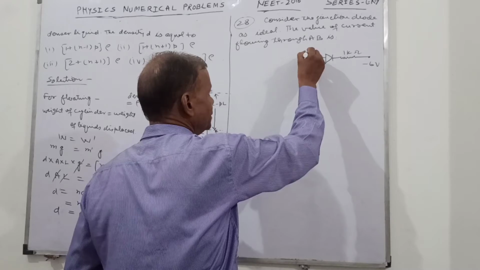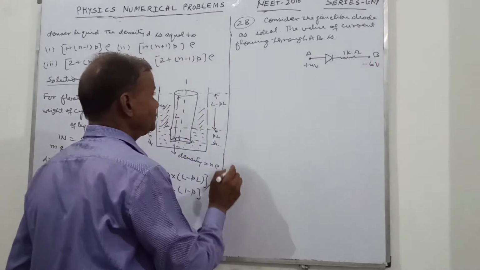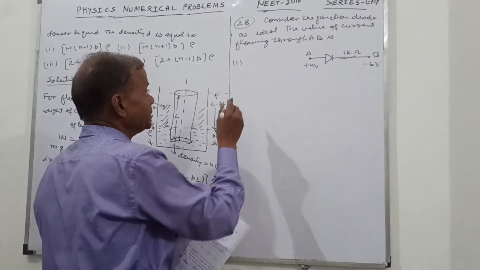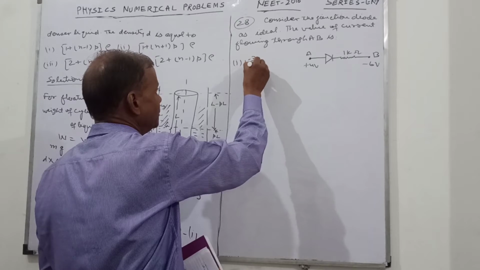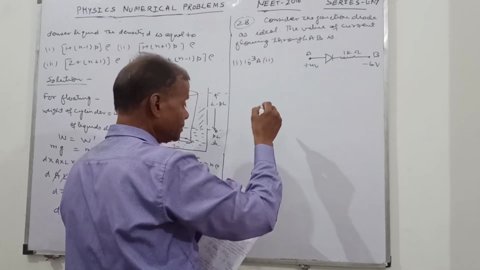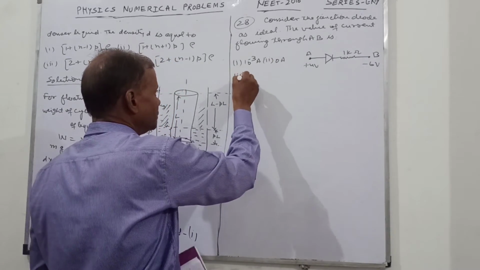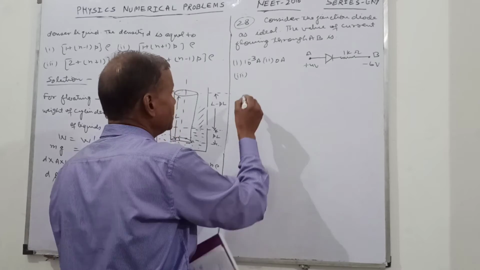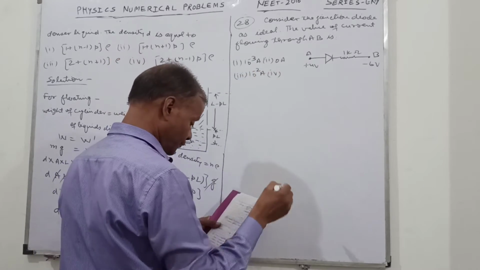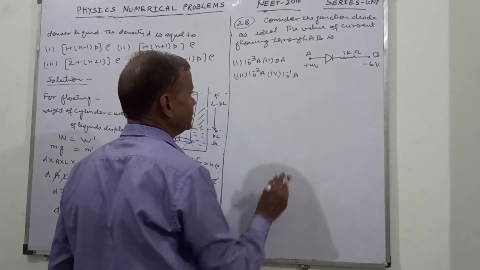So this is your A and this is your B. Now your first option is 10 raised to the power minus 3 ampere. Second is 0 ampere. Third is 10 raised to the power minus 2 ampere. And fourth is 10 raised to the power minus 1 ampere. These are the options.